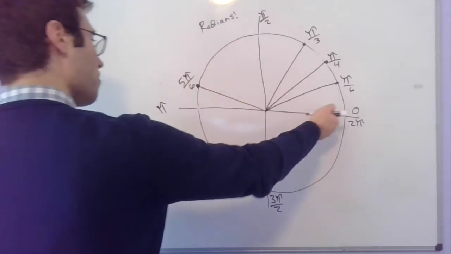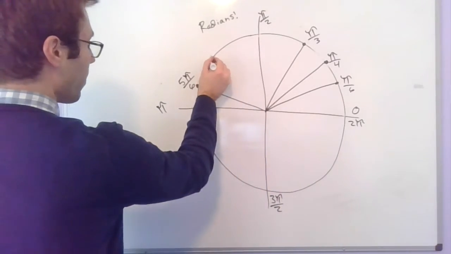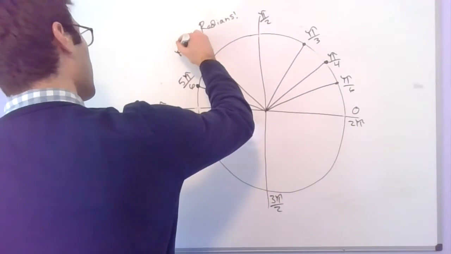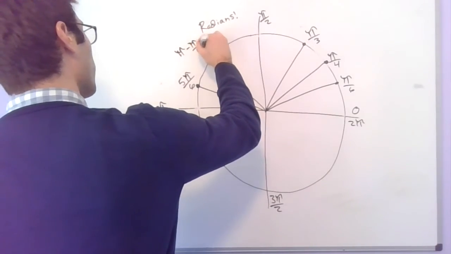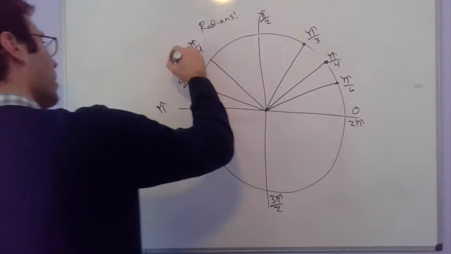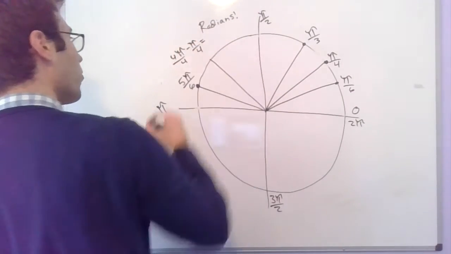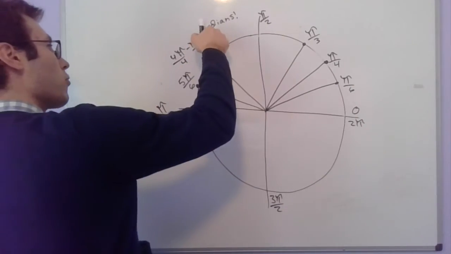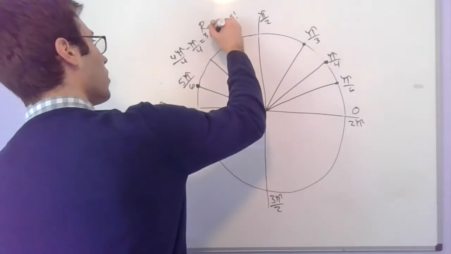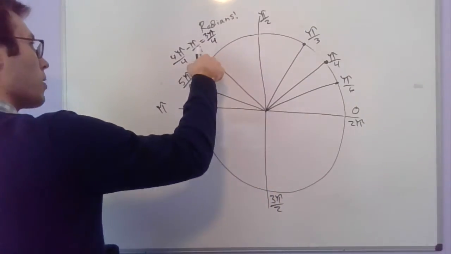So I'm going pi minus pi over 4. In other words, you see a 4 and a 4 here. So it's going to be 3 pi over 4. So this value right here is 3 pi over 4.